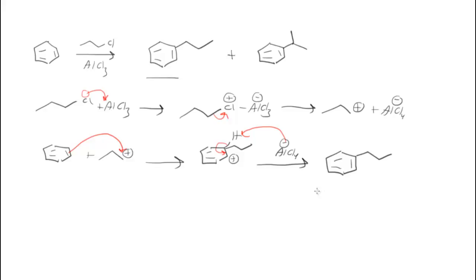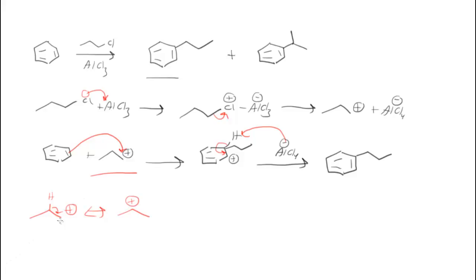So the question then becomes, how do we get the second product? Well, I would hope that when you saw this primary carbocation here, you would think, wow, that's not very stable. And it's certainly not. If we have the primary carbocation, it can rearrange very easily through hydride shifts that we talked about last semester to form the more stable secondary carbocation.